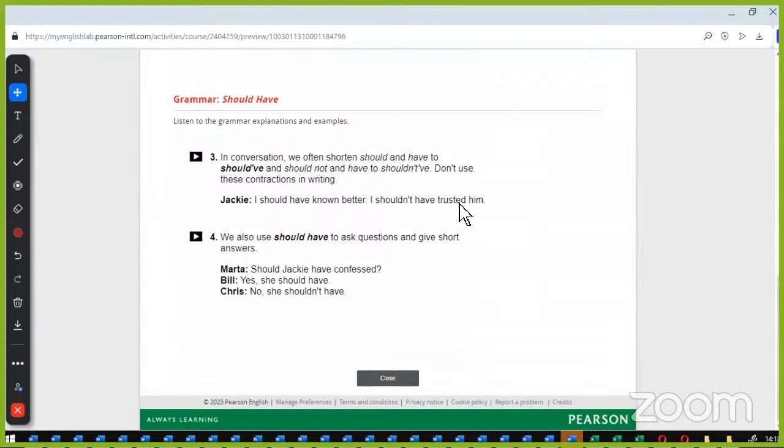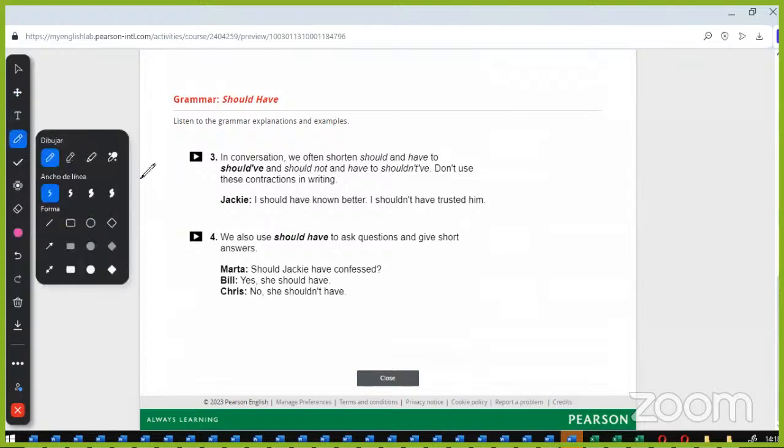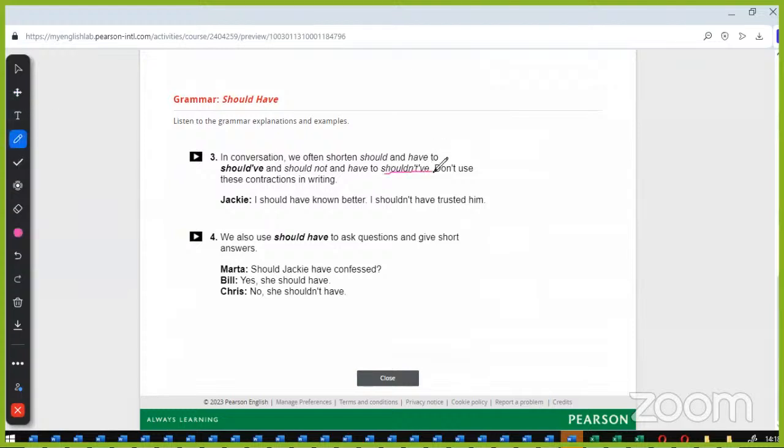But even in speaking, I've never really heard this one too much. You would say "shouldn't have", okay? The other one is of course used, but not too often.